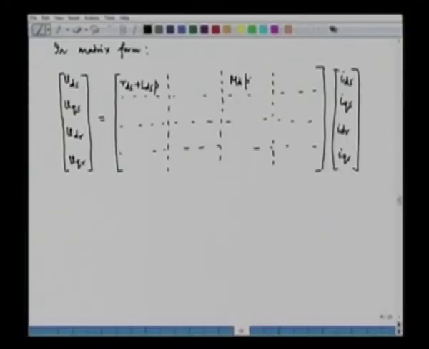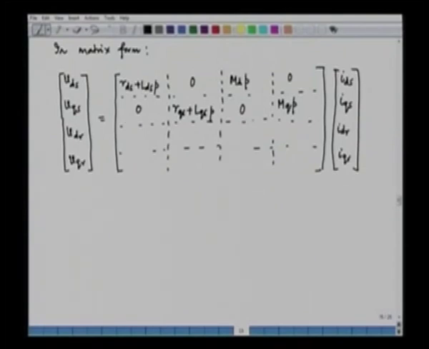P is a derivative operator, d by dt, and this term you can put comfortably 0 without any second thought. Similarly, in the second row we have RQS plus LQSP, and then the coupling between the stator and the rotor in the q axis. So we have MQP here, and these elements will be 0 without any second thought.